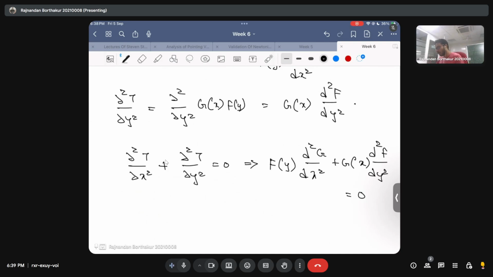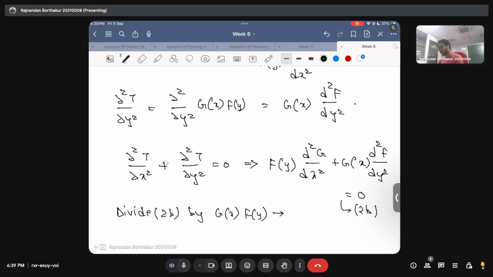All right, so now what we'll do is we will divide. So let's say I'm writing this equation as 2b. What I will do is divide 2b by g of x times f of y. Okay.